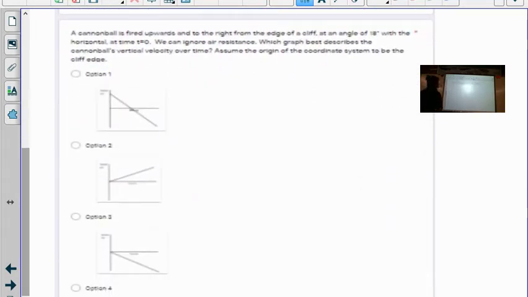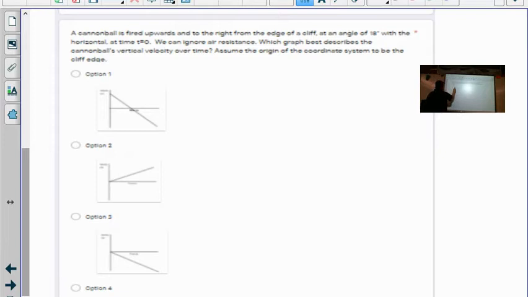A cannonball is fired upwards and to the right of the cliff. Which graph best describes the cannonball's vertical velocity? So if I shoot something in the air, when it first leaves my hand, it's going fast, and then it goes to 0, and then it accelerates down into a negative direction.